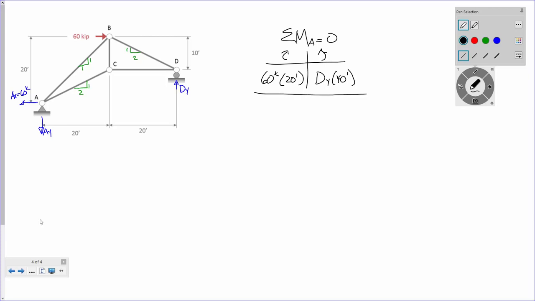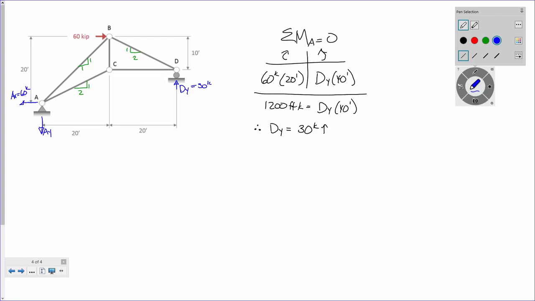So 60 times 20 is 1,200 equals DY times 40 feet. So therefore, DY is positive 30 kips, or 30 kips acting up, right? Sum of forces in the x direction told me what AX was, so I don't even need to do that. Let me go ahead and write this 30 kips.